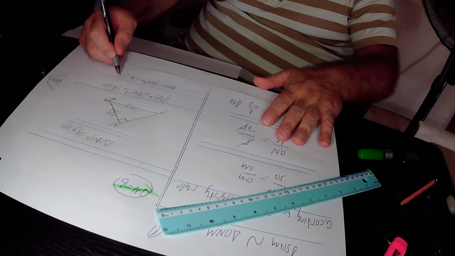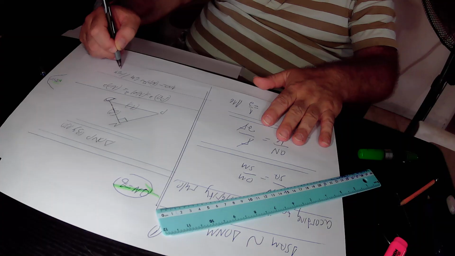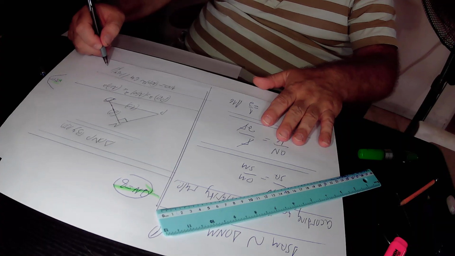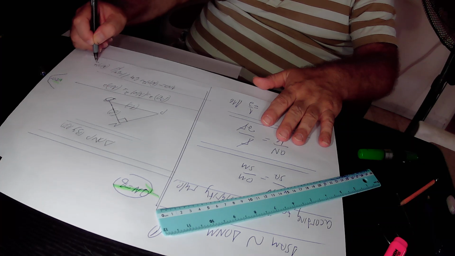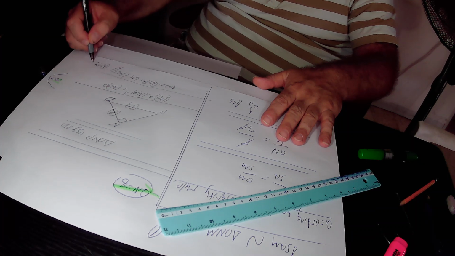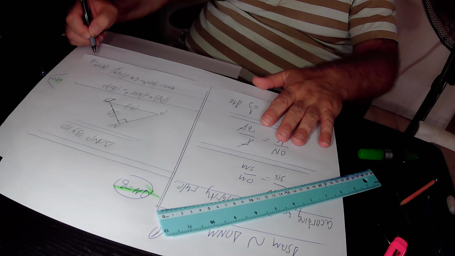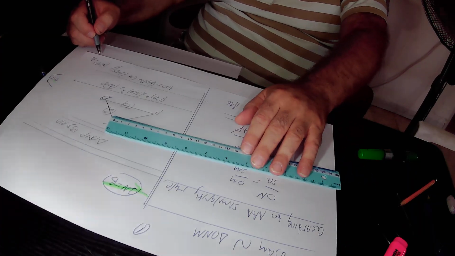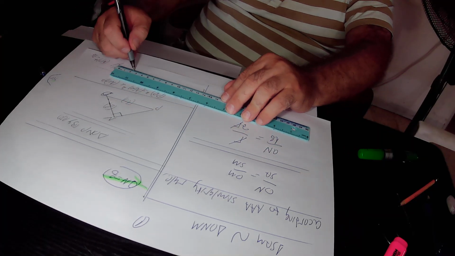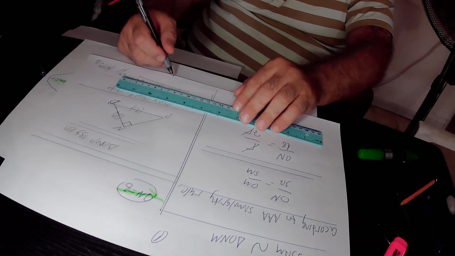Here we subtract 64 from this equation, and finally we get that NP squared equals 100 minus 64, which is 36. So here we take the root of this equation, and finally we get that NP, the missing side NP, is equal to the square root of 36, that is 6.